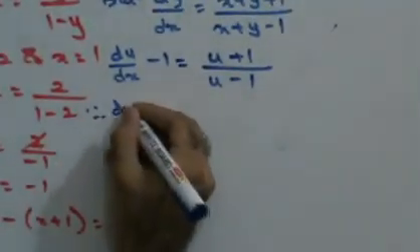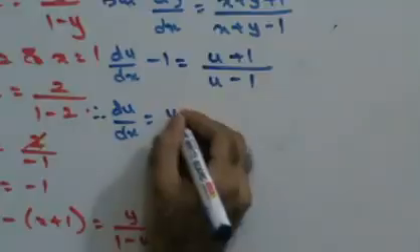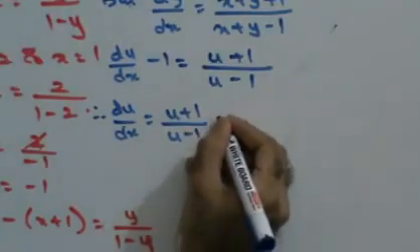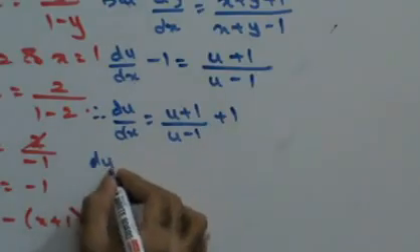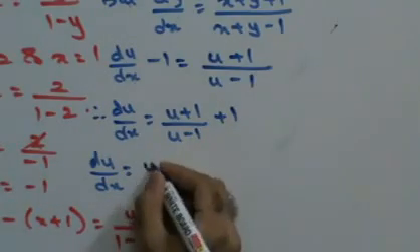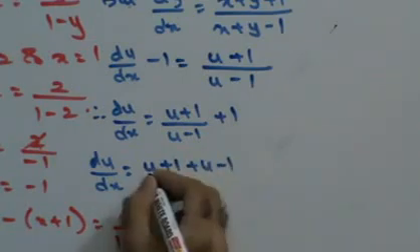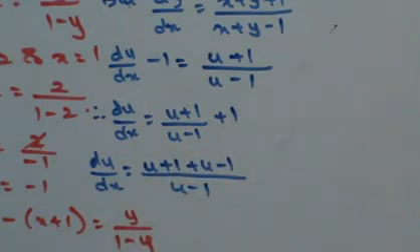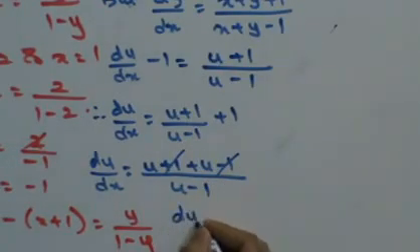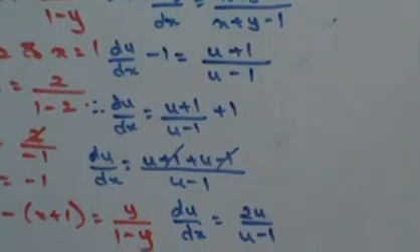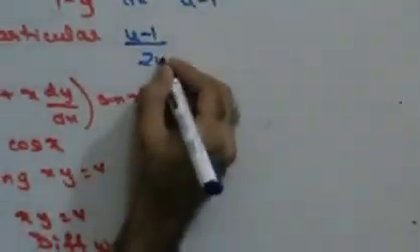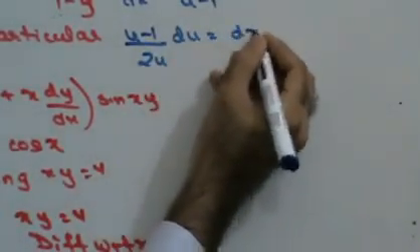So therefore you will get du by dx is equal to u plus 1 upon u minus 1 plus 1. The minus 1 goes on the other side. LCM: du by dx is u plus 1 plus u minus 1 upon u minus 1, plus 1 minus 1 gets cancelled. So you will get du by dx is 2u upon u minus 1. Right? Cross multiply. You will get u minus 1 upon 2u du is equal to dx.